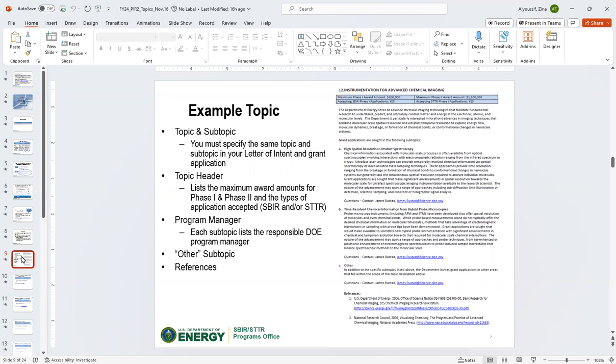The general topic description explains what the topic is about and maybe gives some context on where it falls within the mission of the program. Below that, you see the subtopics that describe specific opportunities in which proposals are requested. You will notice that a good number of the topics have an "other" subtopic. Under this subtopic, you can submit proposals that fall within the general topic description but do not fit with any other subtopics.